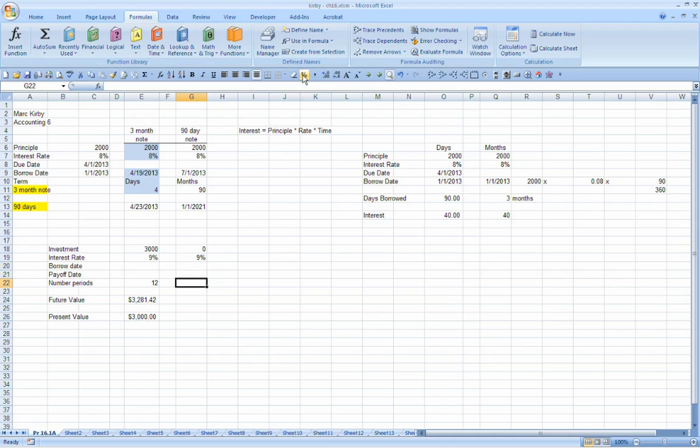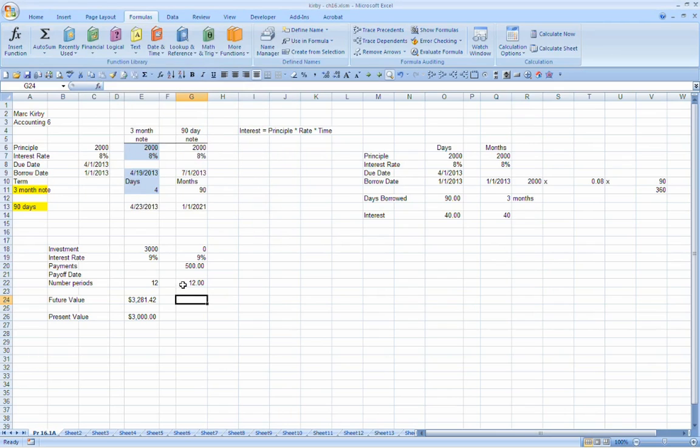I'm going to put money in a bank for 12 months at 9%, and I'm going to change the borrow date to payments. I'm going to put $500, not $5,000. I can't afford that. Can't afford $500 a month either, but let's do it. I'm going to put $500 a month in a bank account at 9% for 12 months. What is my future value going to be?